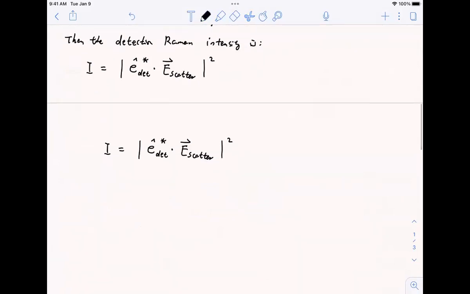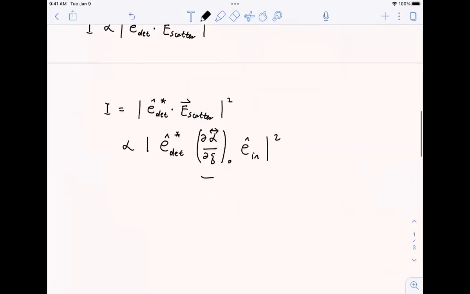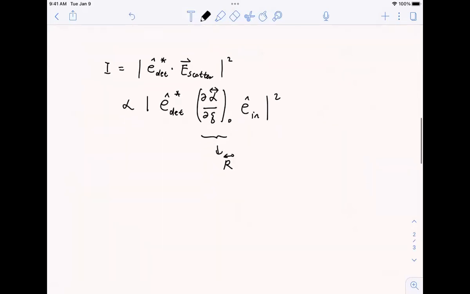So this is all proportional to E detection, R, E incident. We just call this R, the Raman tensor.